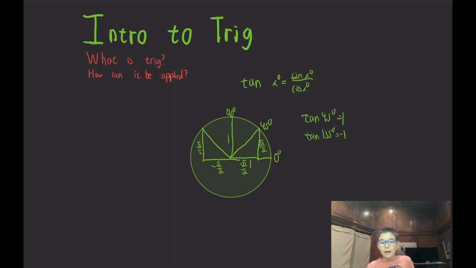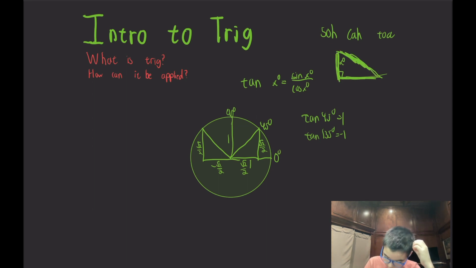A good way to remember this is SOHCAHTOA. That means that in a right triangle with angle x degrees, the sine of x is the opposite divided by the hypotenuse. The cosine of it is the adjacent divided by the hypotenuse. And the tangent of it is the opposite divided by the adjacent.